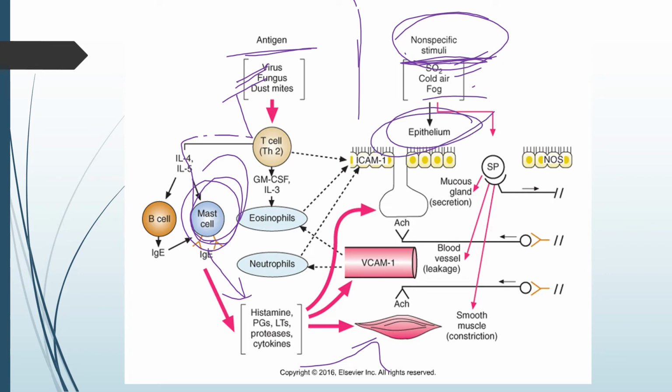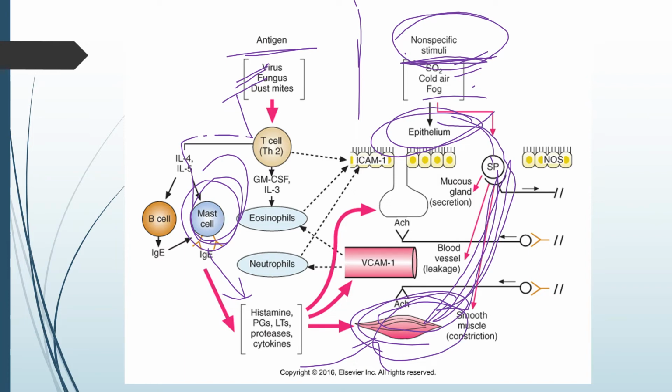The epithelial lining will then cause bronchoconstriction, and then you're going to release that mast cell destabilization, which then causes the smooth muscle constriction. So you see this whole connection there.